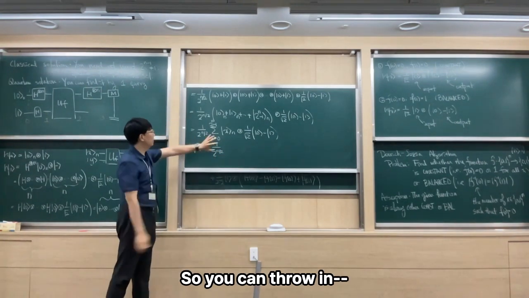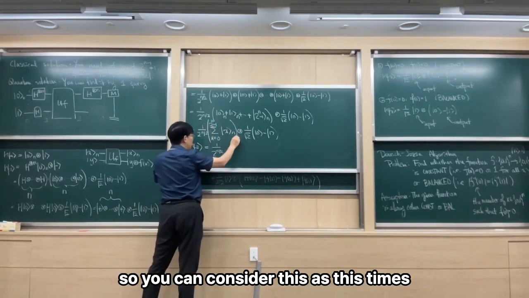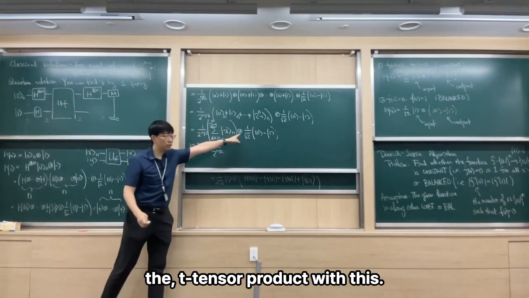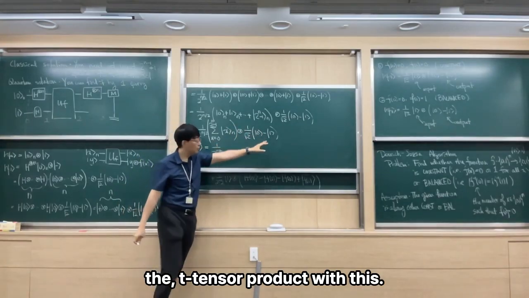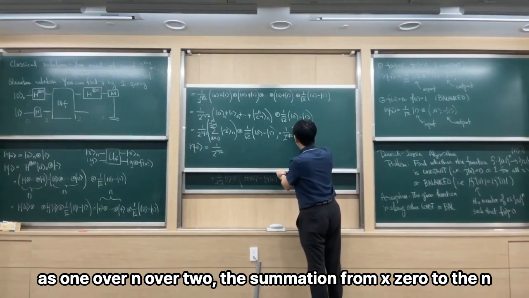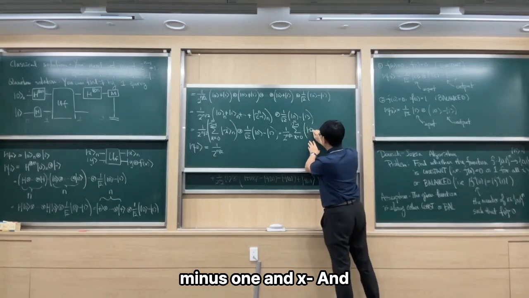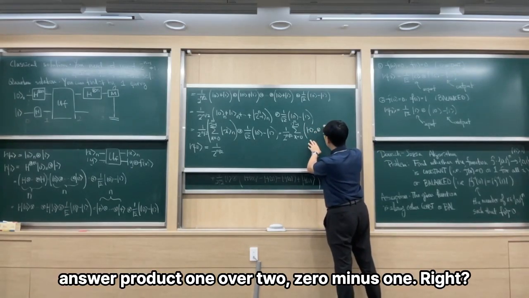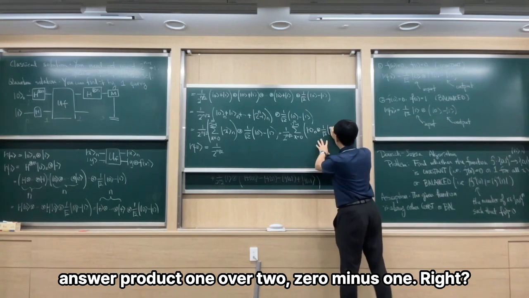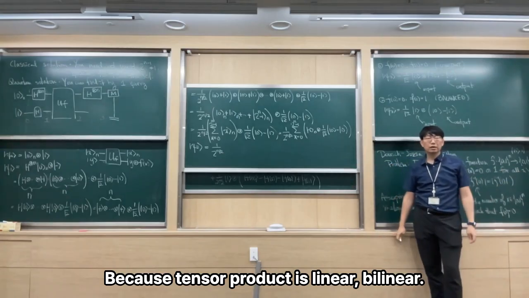You can consider this as these times the tensor product with this, but you can also think of this as 1 over 2 to the n over 2, the summation from x equals 0 to 2 to the n minus 1, of x n, tensor product 1 over square root 2, 0 minus 1, right? Because tensor product is bilinear.